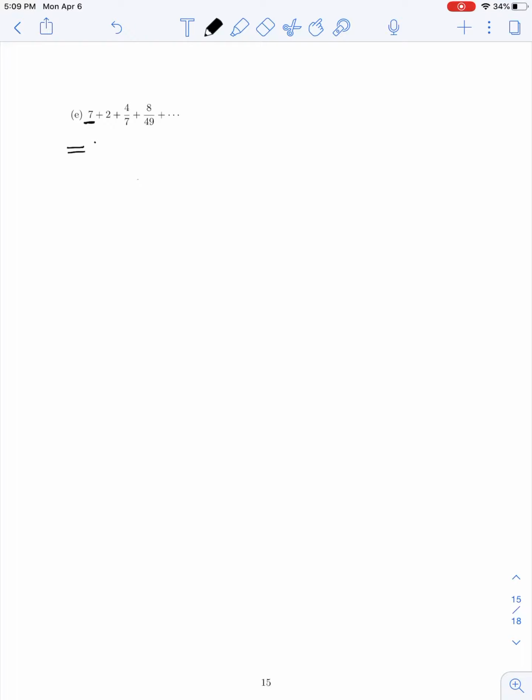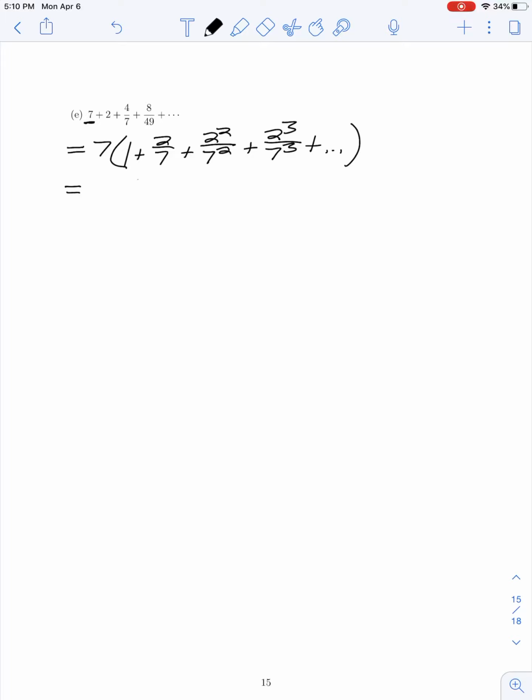So if we were to factor out a constant a, or 7, from each of these terms, we're left with 1 plus 2/7 plus 4, which would be 2 squared, over 7 squared, plus 8, which is 2 cubed, over 7 cubed, and so on.